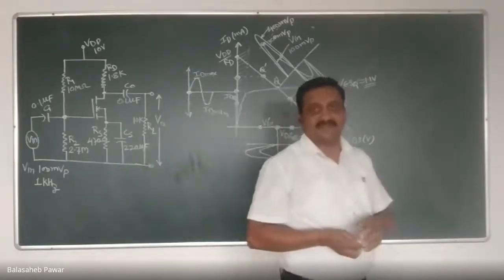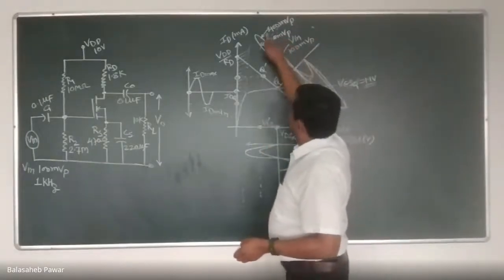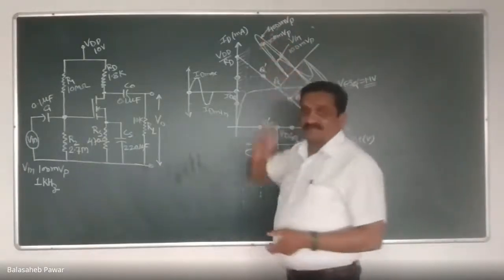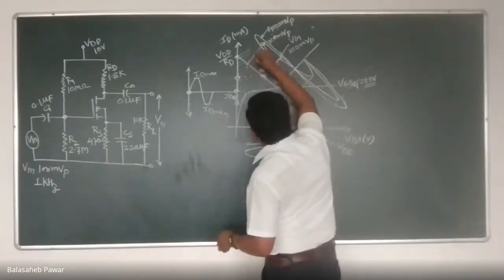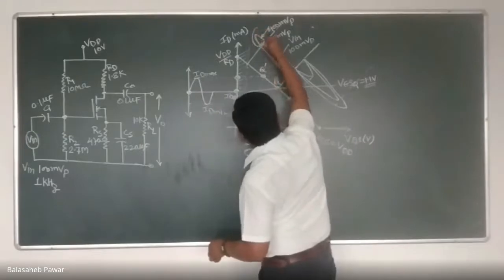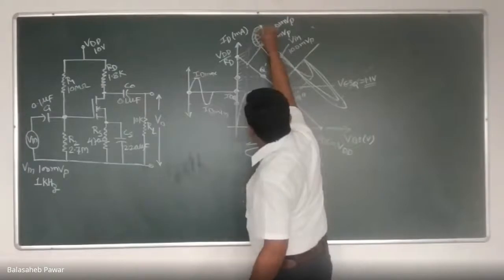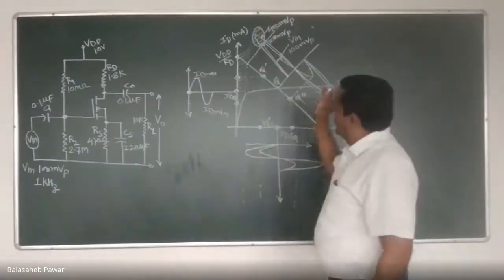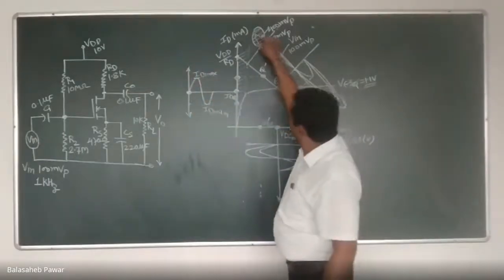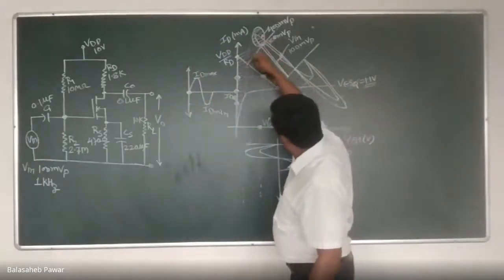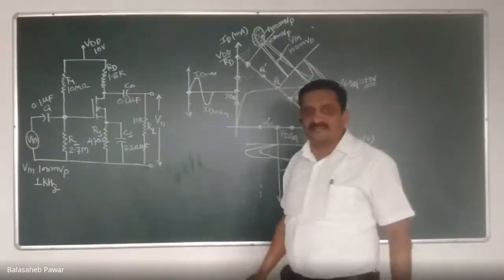Now, the third condition we will consider is if I again increase the input from 300 milli to 400 milli. So see, you can observe here that during this much part of the input signal, that is beyond 300 millivolts, the transistor enters which region? It enters this region, above this point. The transistor will enter into the ohmic region.